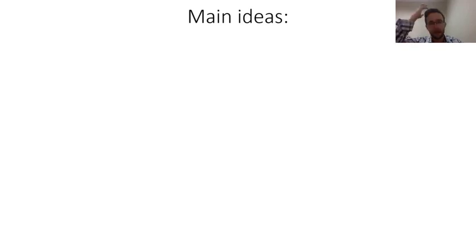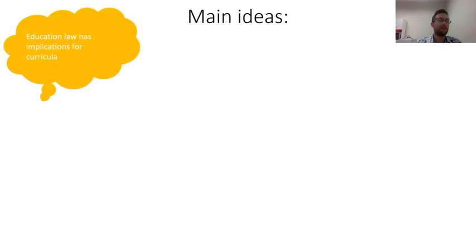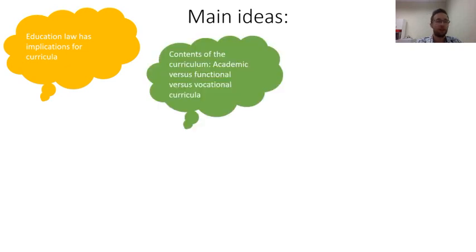There are several main ideas in this unit, and the first one is that education law has implications for curriculum. In other words, there are implications for the decisions a teacher makes regarding how much of a student's curriculum should be focused on the standard academic curriculum, or to the extent that it should include goals pertaining to functional life skills or vocational skills.